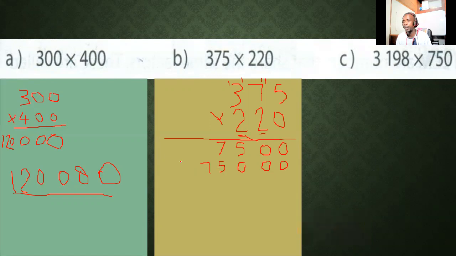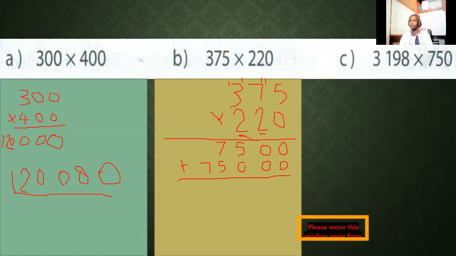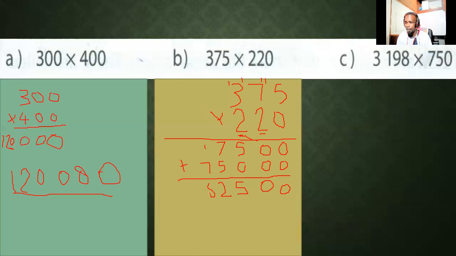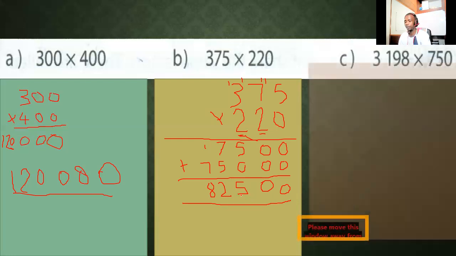So we add these two. Where 0 multiplies, we get zeros, so we don't need to put the zeros, because when we add, they will not change anything. 0 plus 0, 0. 5 plus 0, 5. 7 plus 5, 12. Carry 1. 1 plus 7, 8. So our answer is 82,500. Good.